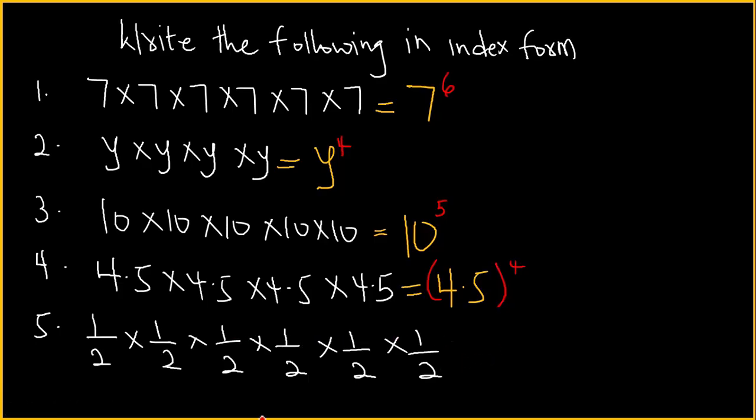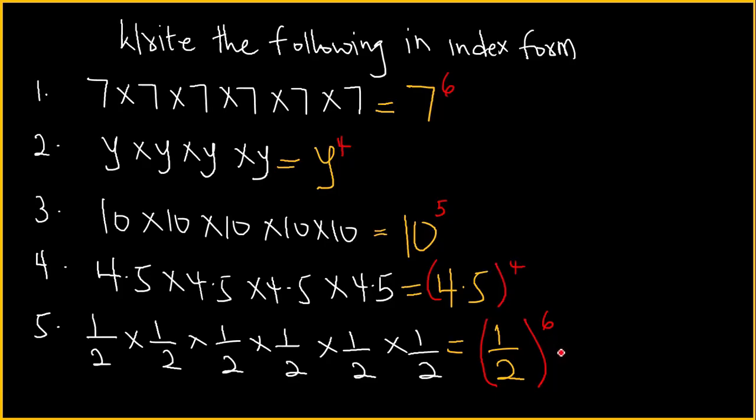So half repeating itself 6 times. So this is the simplest way of writing these numbers, and what we have over here as our results are in the index form.